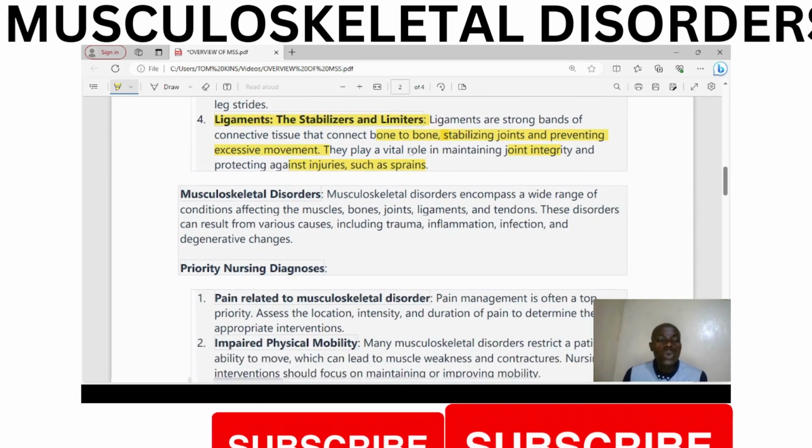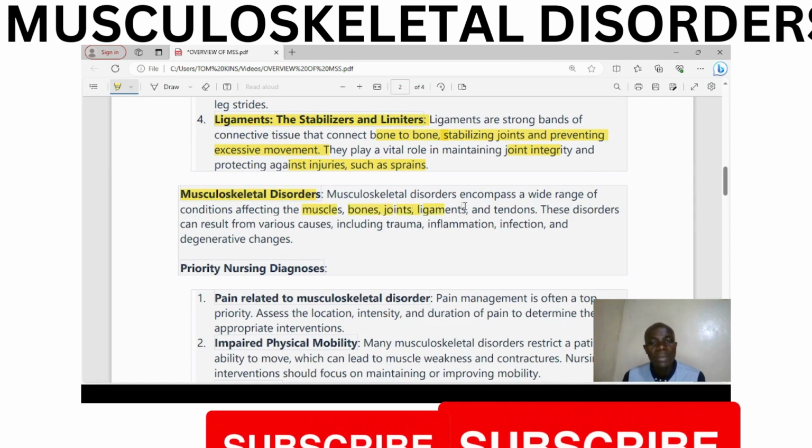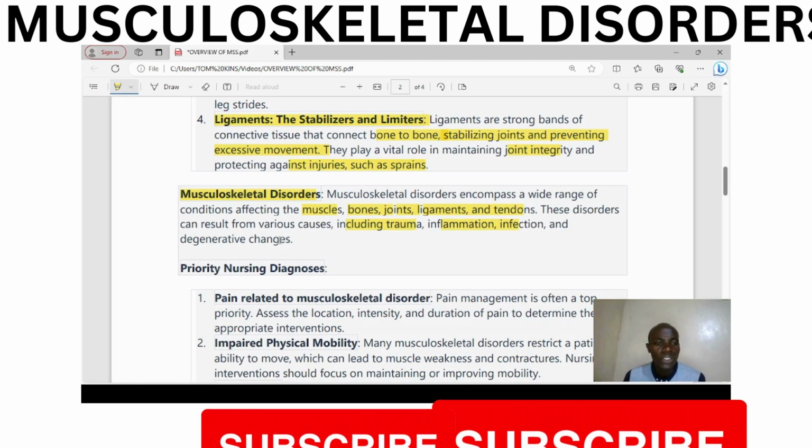Okay, so we have some of the top 10 musculoskeletal disorders, and these are going to be affecting the muscles, bones, joints, ligaments, and tendons. These disorders can result from various causes, including trauma, inflammation, infection, or degenerative changes.